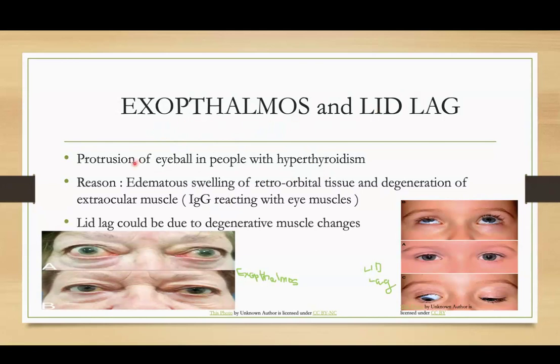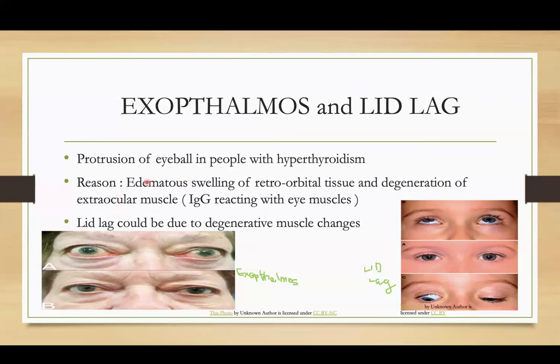So exophthalmos is protrusion of the eyeball in people with hyperthyroidism. This is basically what a normal person would look like, and then this is what exophthalmos is. You see the eyeballs are protruded. Think of the cartoon where someone is surprised and the eyeballs pop out. That's basically what exophthalmos is.